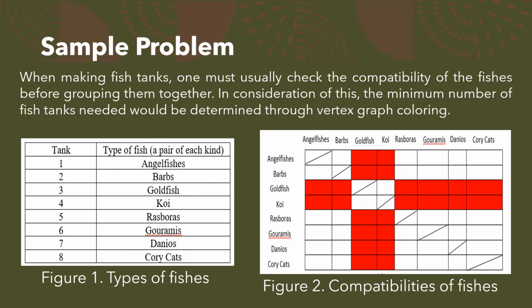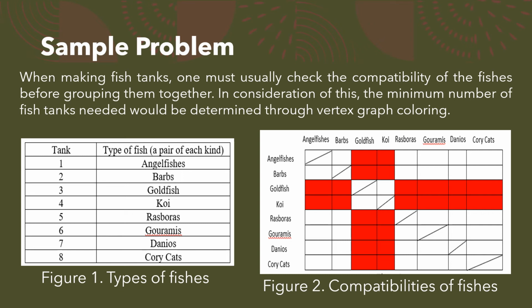As shown from the slide, it is a sample problem related to making fish tanks. This involves the application of vertex coloring on the condition that the minimum chromatic number must be determined. The minimum chromatic number will then represent the number of fish tanks needed. As shown in Figure 1, each type of fishes are first arranged separately in different tanks.